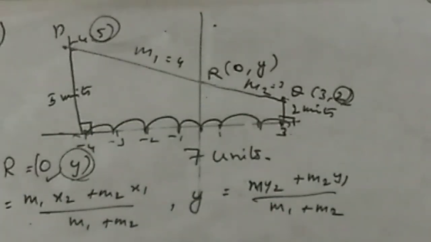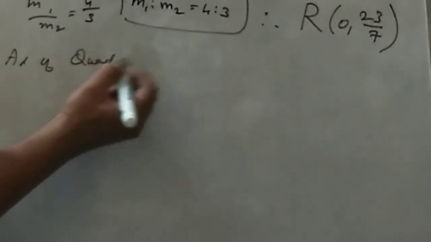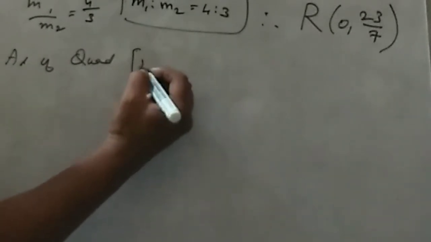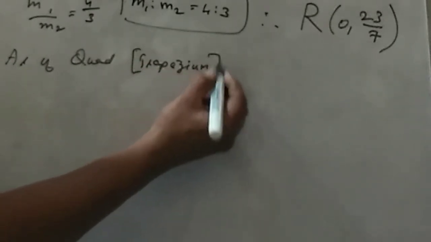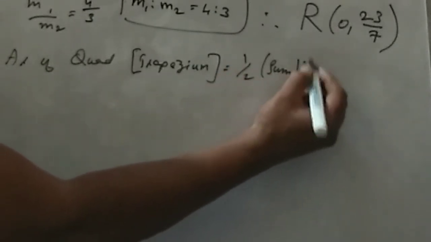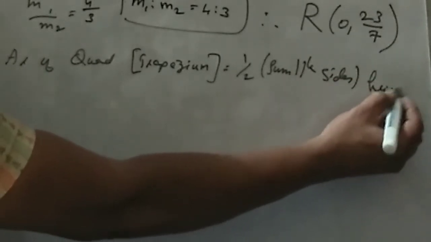Now, area of a quadrilateral. What is the figure you are getting? Trapezium. Trapezium is half into sum of the parallel sides into height.